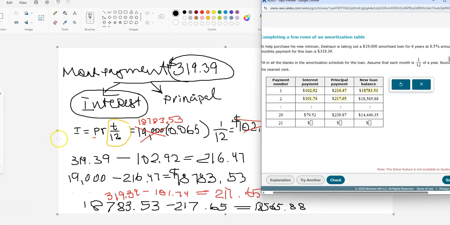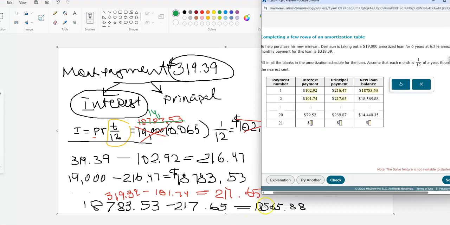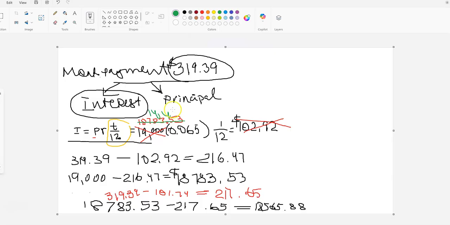So what will be the interest? We use this formula, and the principal now will be 14,440.35. Everything else remains the same.